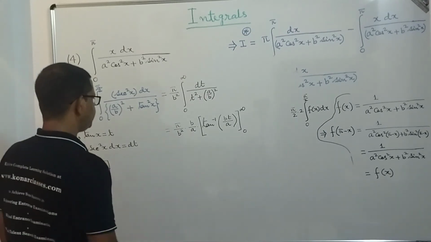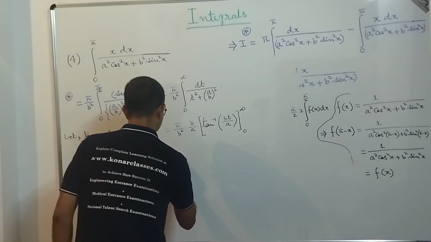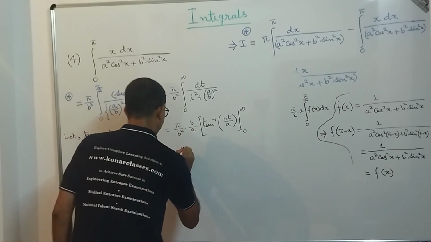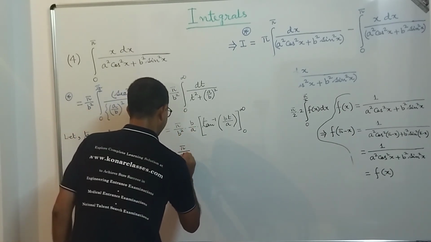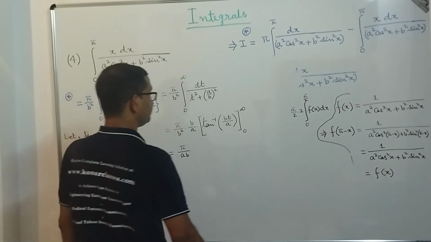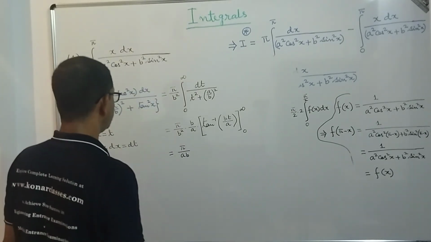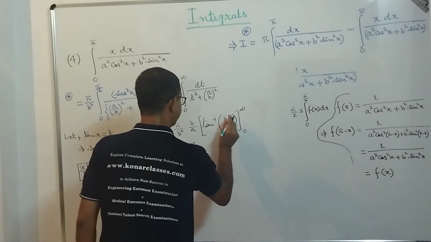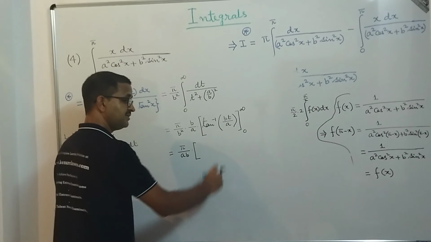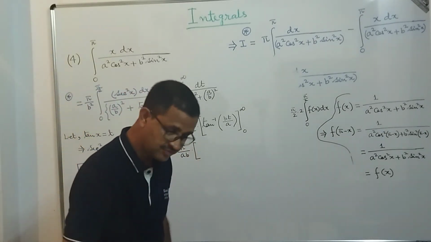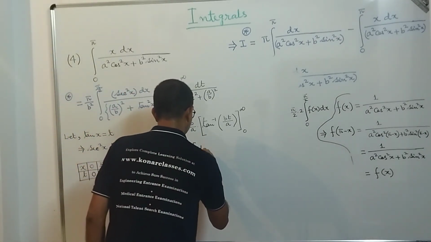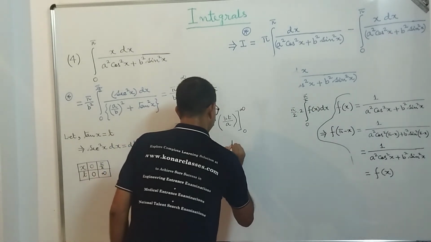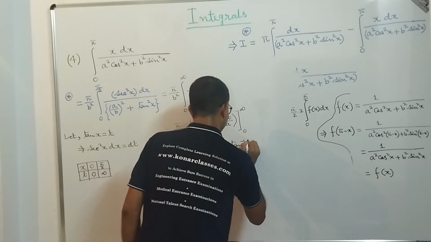Then, dear students, b and b square, one b gets cancelled, so we get pi by a into b. If we apply infinite first, tan inverse infinite, tan inverse tan pi by 2, isn't it? Let me write tan inverse of infinite minus tan inverse of 0.